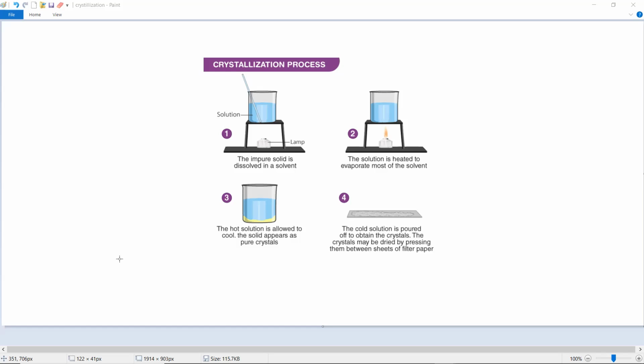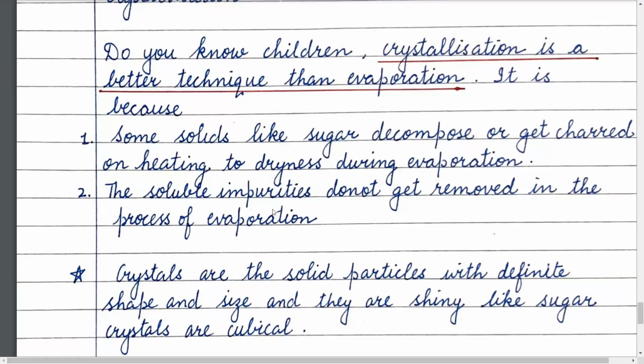For example, common salt obtained from seawater has many impurities in it. It is purified by the process of crystallization. Impure samples of copper sulfate and alum are also purified by this process. Do you know, children?